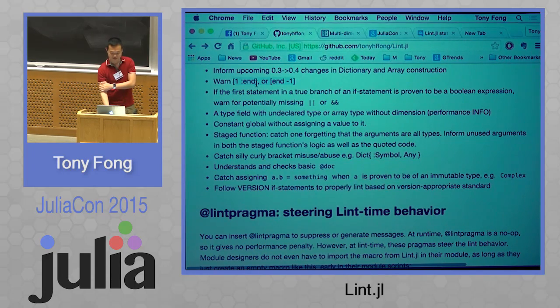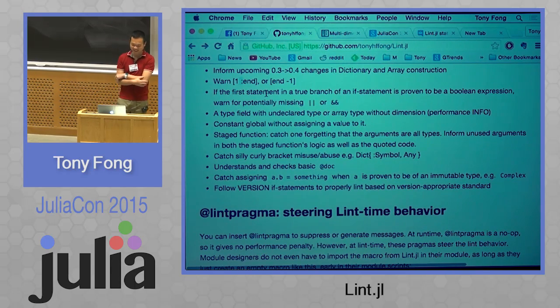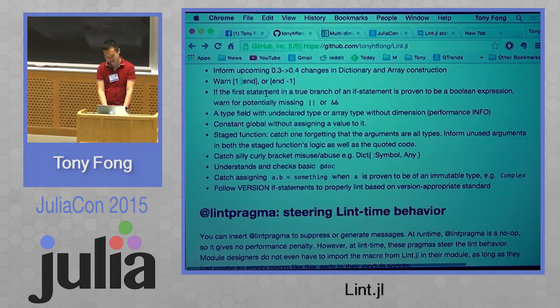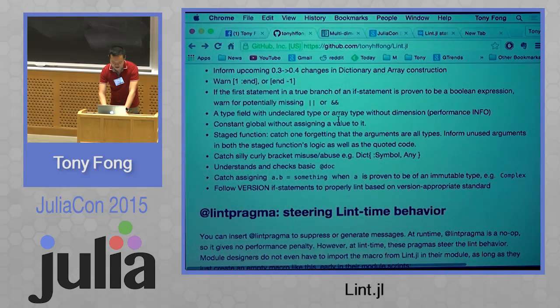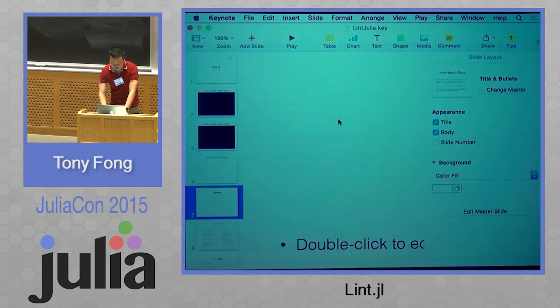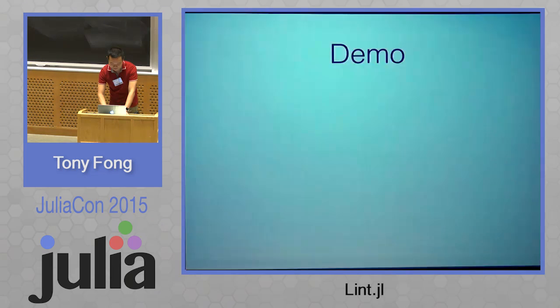When you do a range of 1 to end, and you insert a spurious space in between 1 and the colon, it means completely different things. And Lint catches it. So that's Lint.